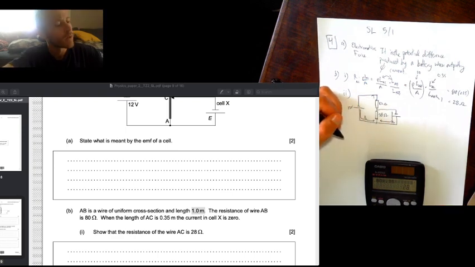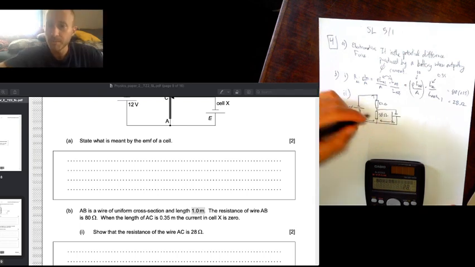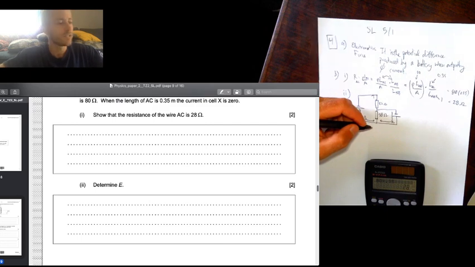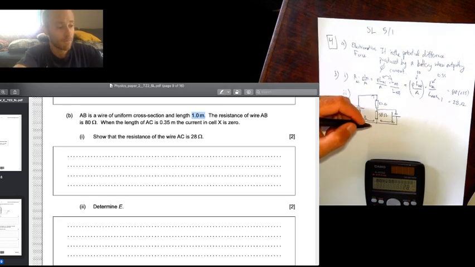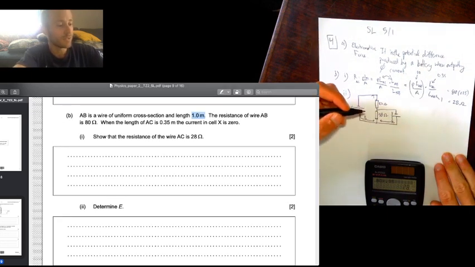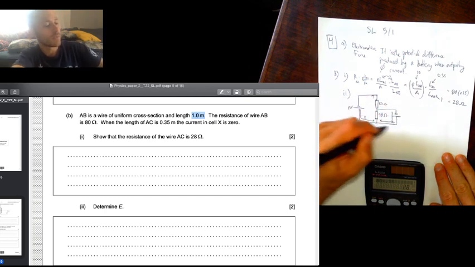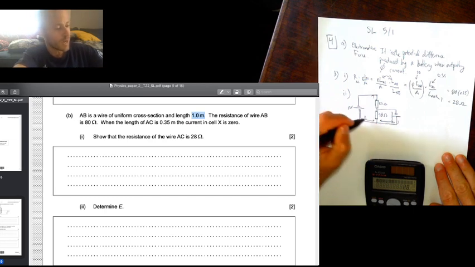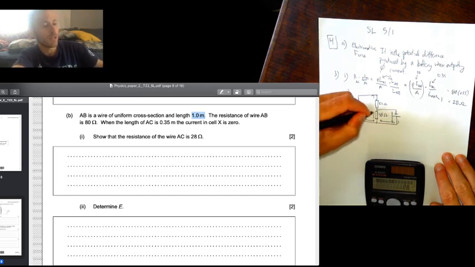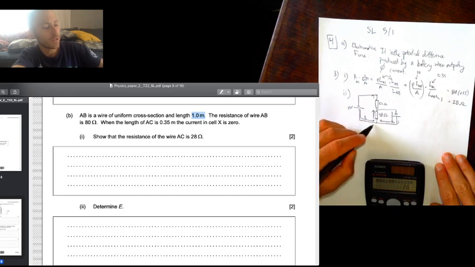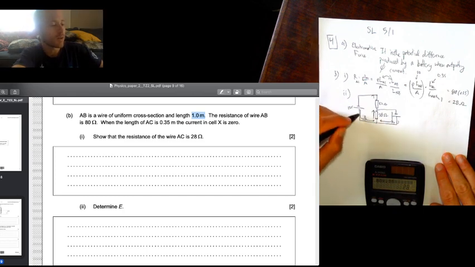But we're told that the current in cell X is 0, so I2 is equal to 0. Normally the current through the 28 ohm resistor would be I1 plus I2, but because I2 is 0, the current through the 28 ohm resistor is just I1.